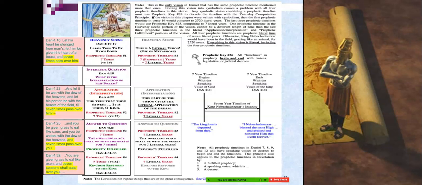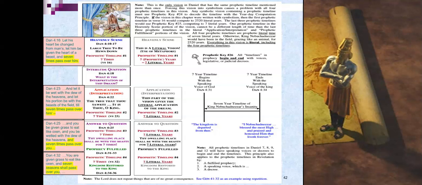Yes. You see what happens is that when you get down to the application, which is the interpretation of what the heavenly scene is telling you, if the heavenly scene is symbolic and it says 7 years, then the timeline in that third component, you would have to understand what the literal time is, and the literal time would be 2,520 years.